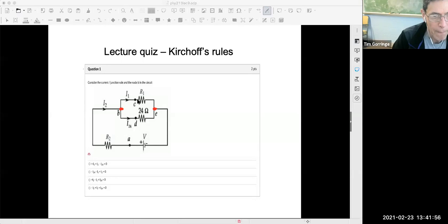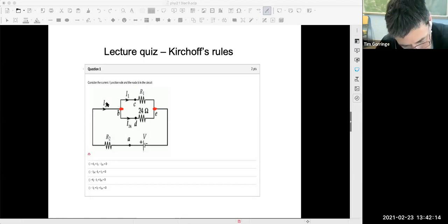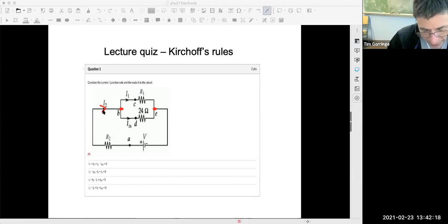And so I'm going to write down those relationships. Now, this is an example of Kirchhoff's rule, that the current flowing into a node is equal to the current flowing out of a node. So if we look at this diagram, I've got a current I2 that's flowing in and a current I1 and a current I24 that are flowing out.